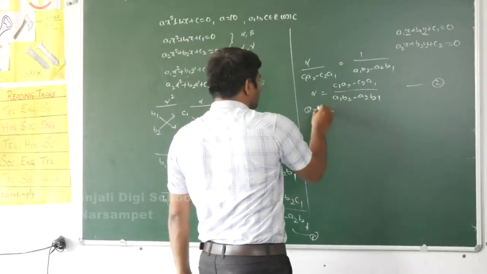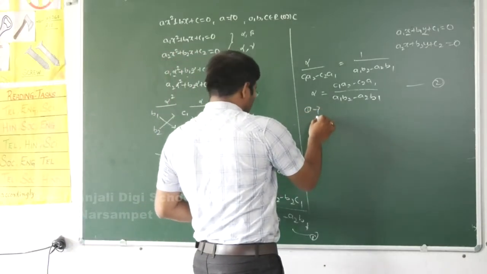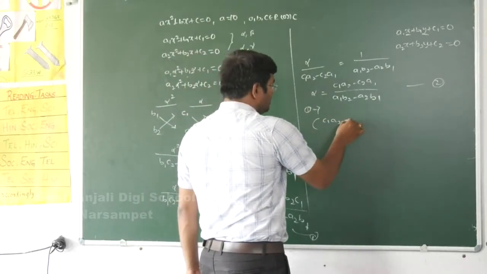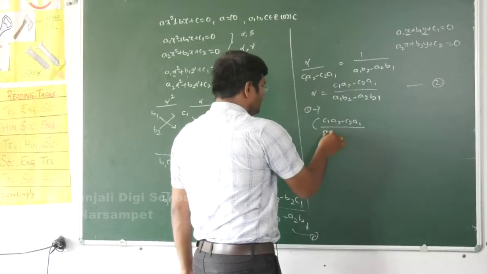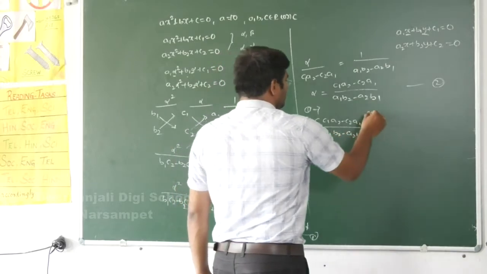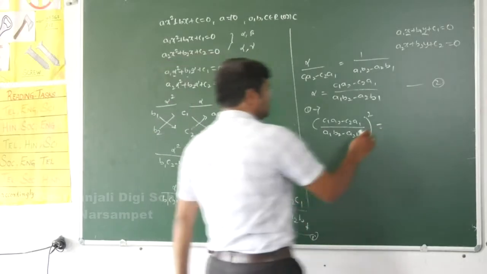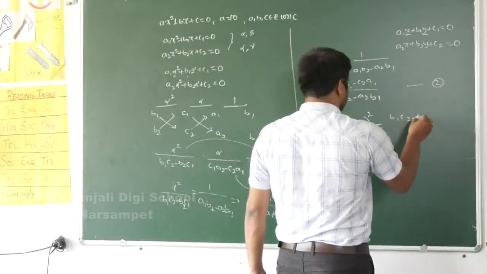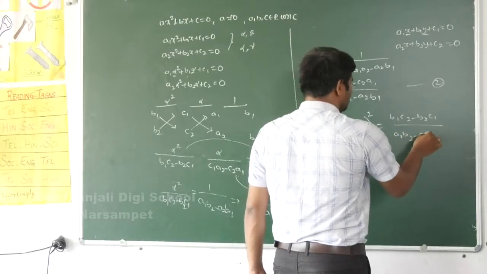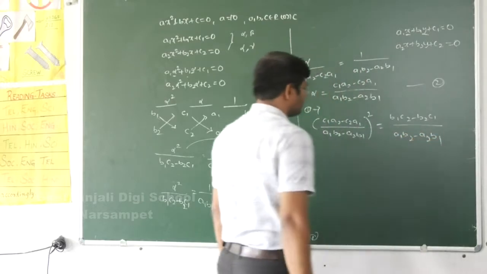Then c1 a2 minus c2 a1 by a1 b2 minus a2 b1, the whole square, is equal to b1 c2 minus b2 c1 by a1 b2 minus a2 b1.